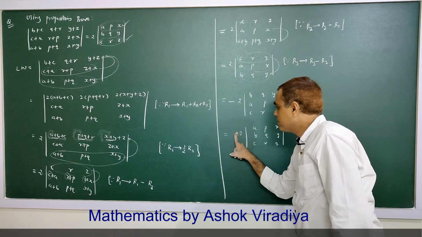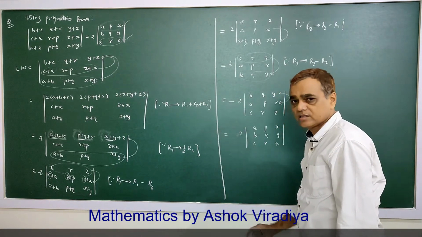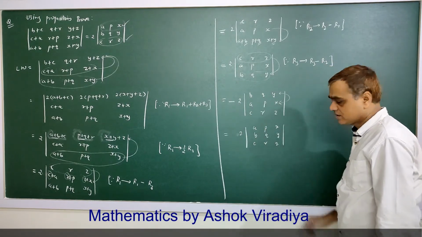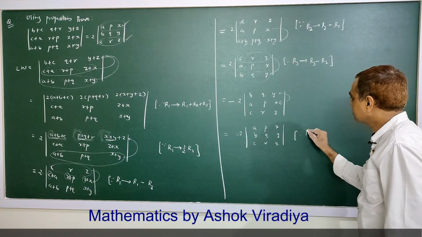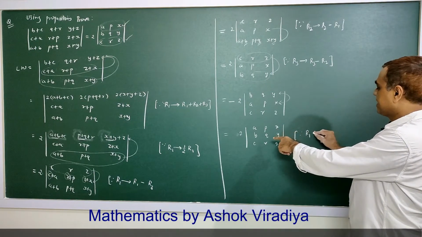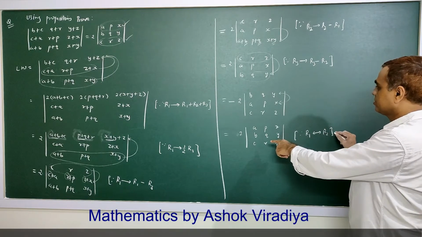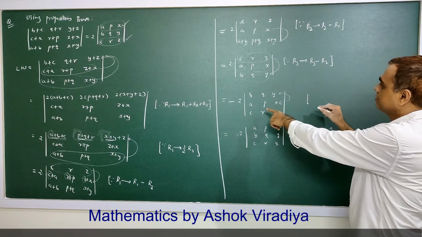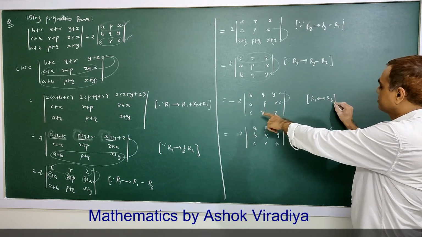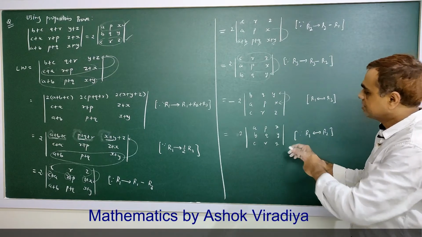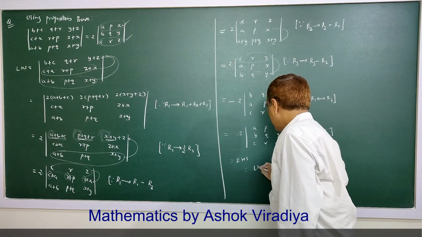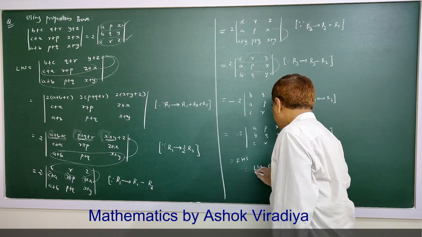Again minus is converted into plus, plus converted into minus, again minus converted into plus. So what is done here? Here the first and second row are interchanged. Here the first and third row were interchanged. So this is RHS. So LHS equal to RHS.